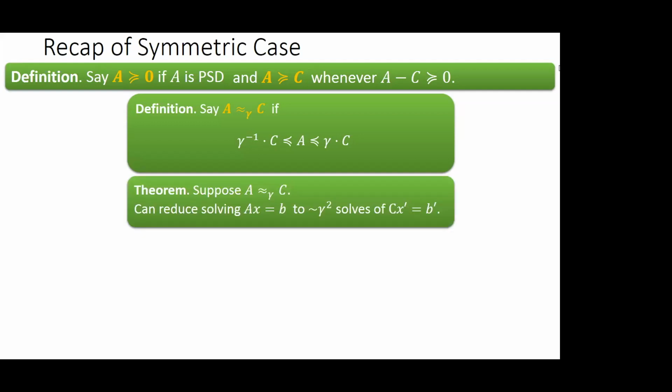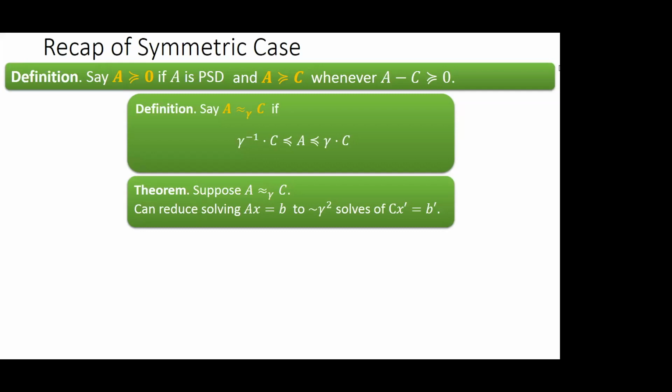And what we said last time is that there's this theorem that says that if we have A and C that approximate each other within a gamma factor, then if we want to solve AX equals B, instead we can solve CX prime equals B prime for various values of B prime, approximately gamma squared times.